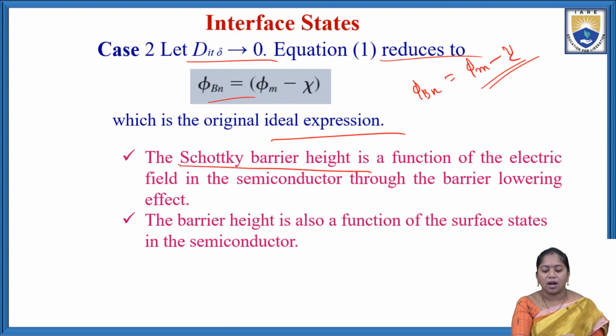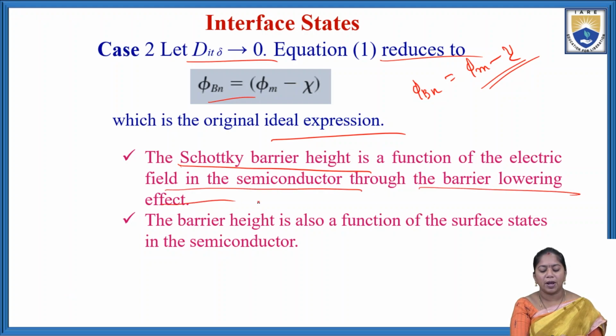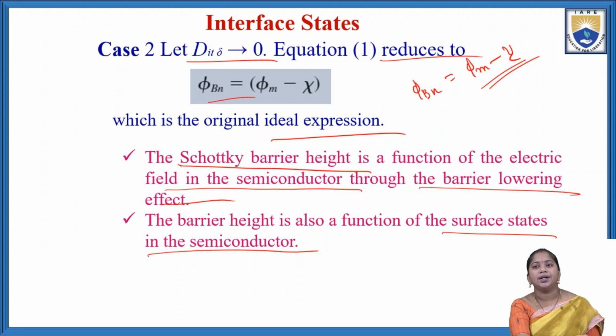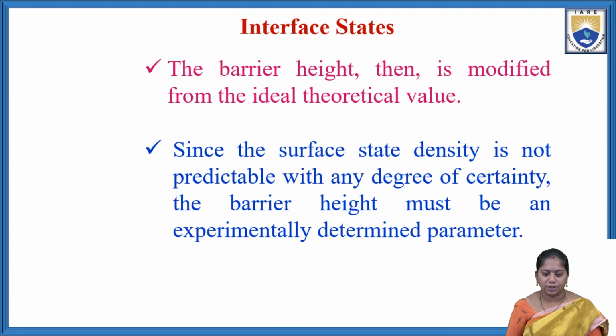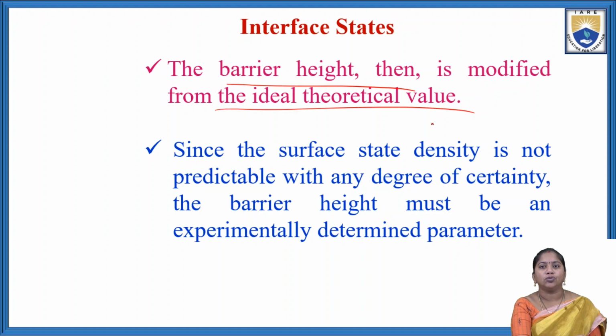So the Schottky barrier height is a function of the electric field in the semiconductor through the barrier lowering effect. The barrier height is also a function of surface states in the semiconductor. So the barrier height is modified from the ideal theoretical value. Why?